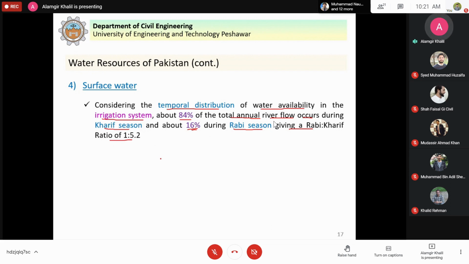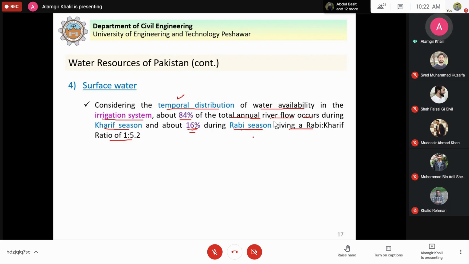You can see here that the water which is available, 84% of the total annual river flow occurs during Kharif season. This is, you see, temporal distribution. In time, how much the water is available. And 16% during the winter season.